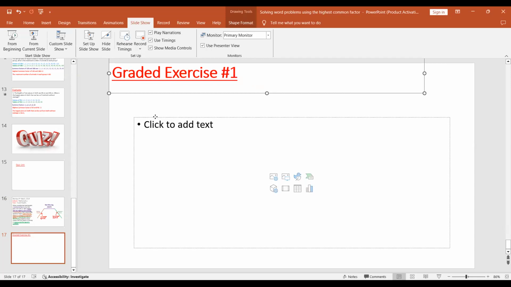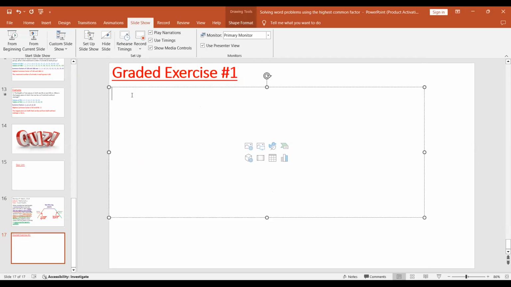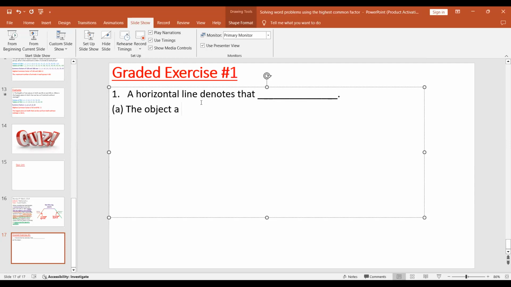So let me give you all an exercise on this so you can get an idea of what we mean. Number one, the horizontal line. A, the object is moving forward.